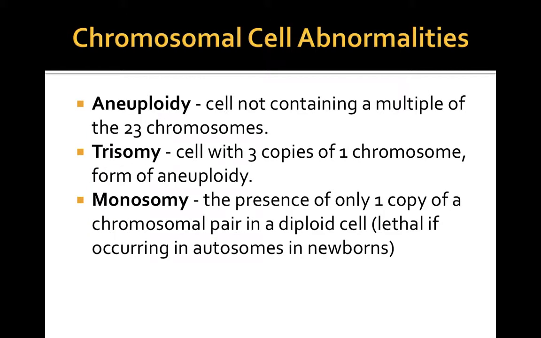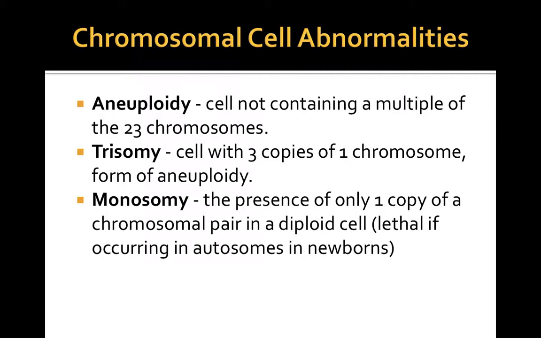So let's just take a look at chromosomal cell abnormalities. Aneuploidy, the cell does not contain a multiple of the 23 chromosomes. In trisomy, it's a cell with 3 copies of one chromosome. It's actually a form of aneuploidy.